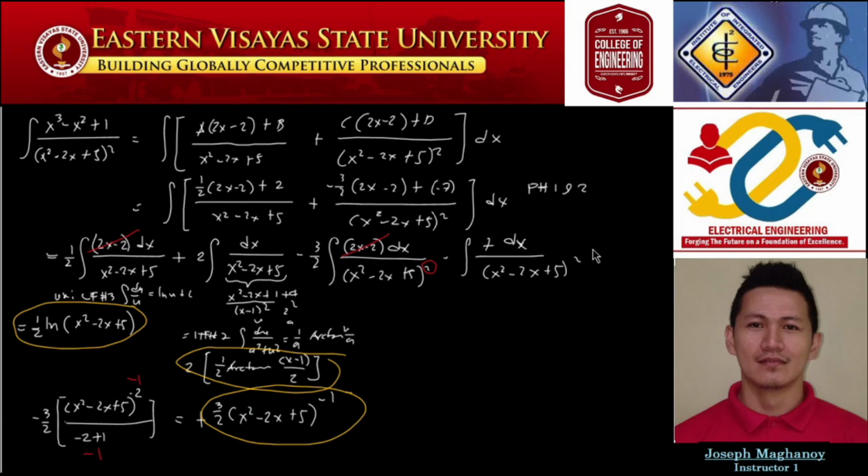Since it's a quadratic, we need to apply trigonometric substitution. But before we can apply it, we need to factor out first our distinct quadratic factor, x squared minus 2x plus 5. We use the same factor: x minus 1 squared plus 2 squared. So we rewrite.